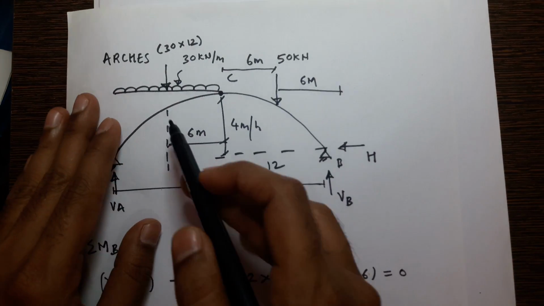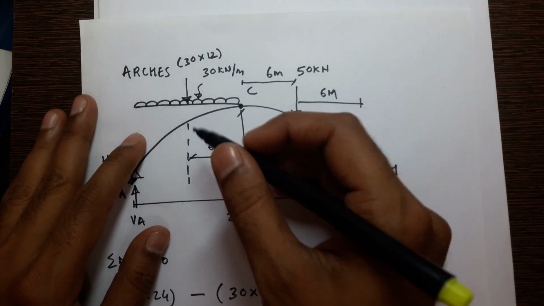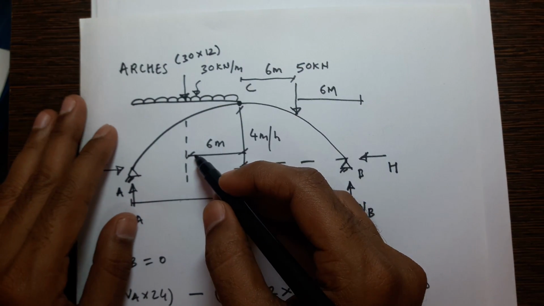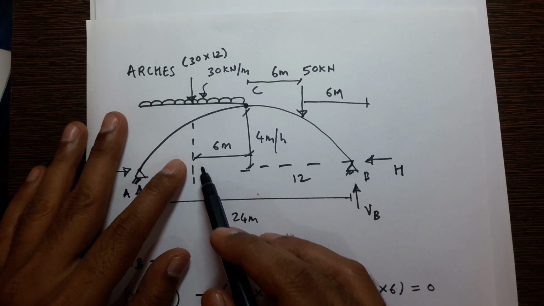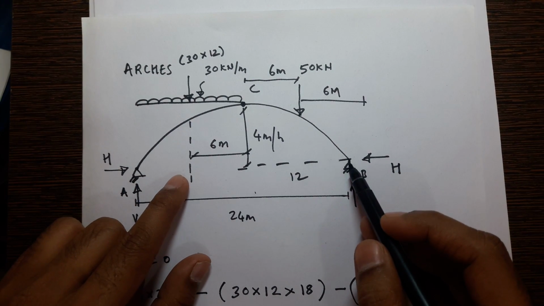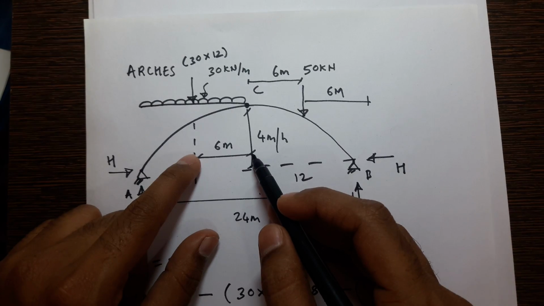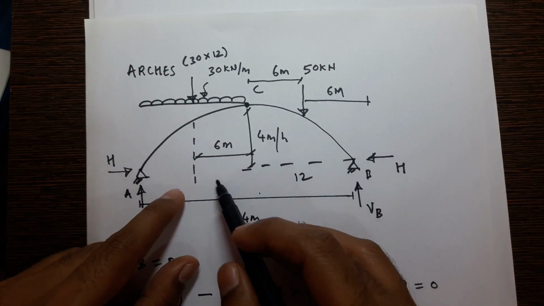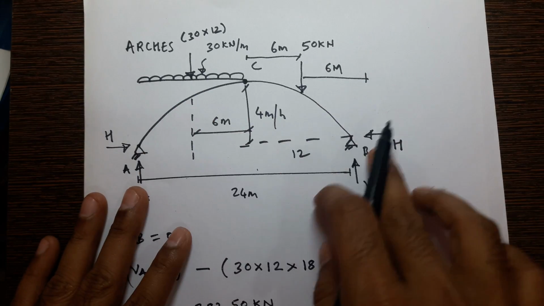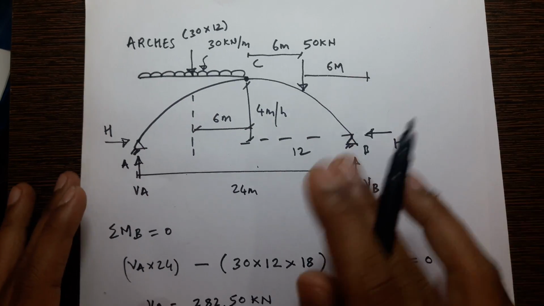Then you have this UDL. The total load of the UDL is concentrated at the center, and the perpendicular distance from B is 18 meter, because this is 6 meter and this is 12 meter, total 18 meter. So minus, and this will create anti-clockwise moment with respect to point B.